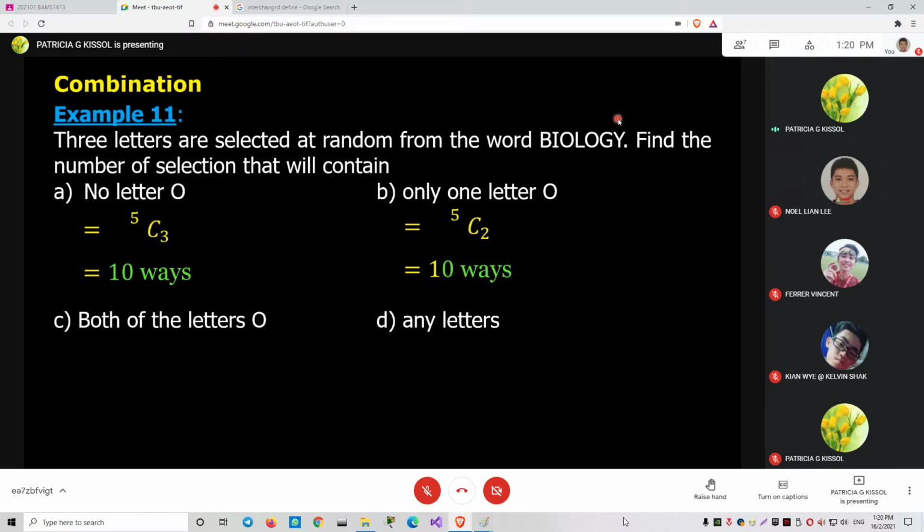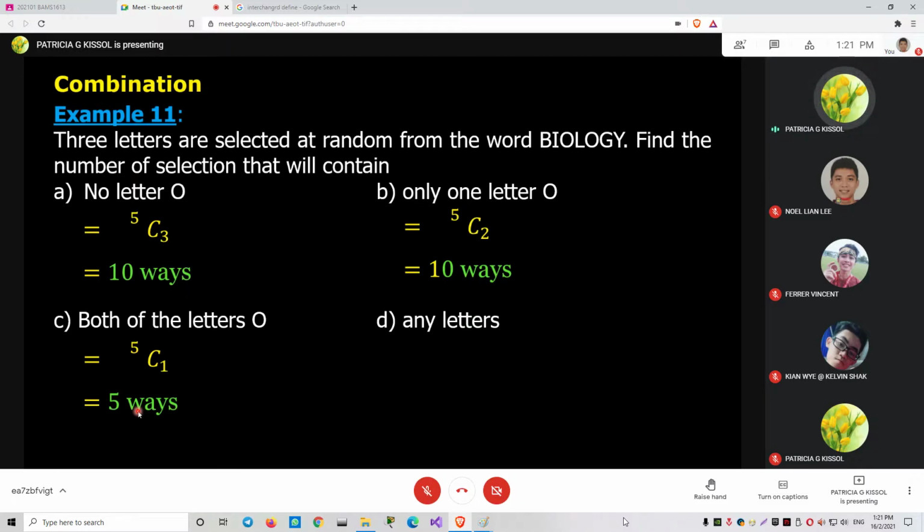One. Yes, 1 more. So since there's only 1 more, it is only 5 combination 1 that we have to choose from. And the 5 here is referring to B, I, L, G, and Y, because both of the O has been already selected. So that means 5 combination 1 is 5 ways.